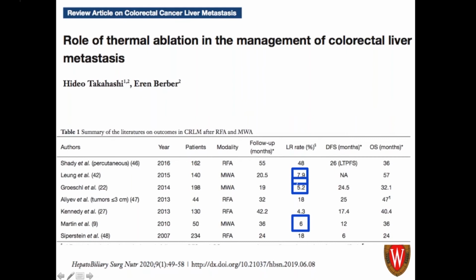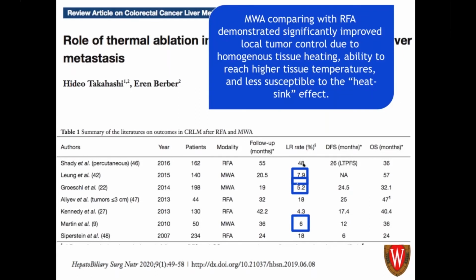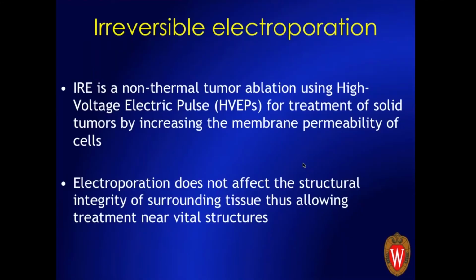In this table are reported the outcomes in colorectal liver metastasis after radiofrequency and microwave. And you can see that the local recurrence rate is very low for the group treated with microwave compared with radiofrequency. In conclusion, microwave demonstrated significantly improved local tumor control compared with radiofrequency.